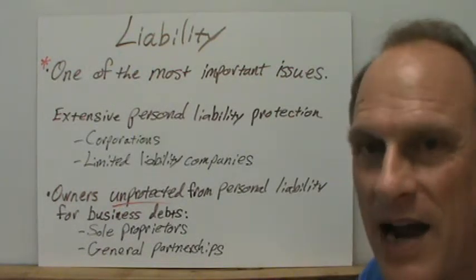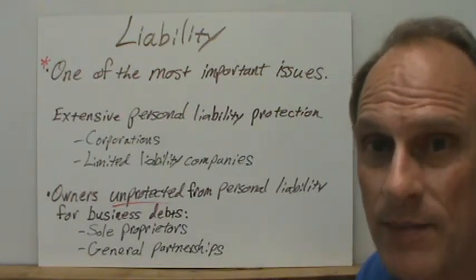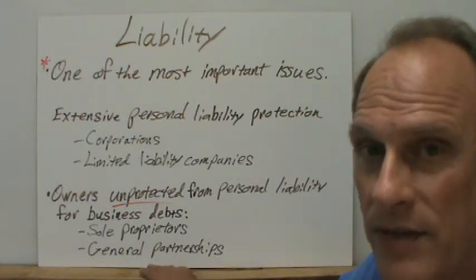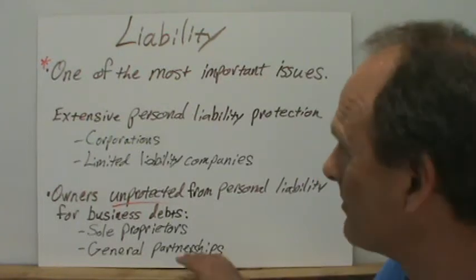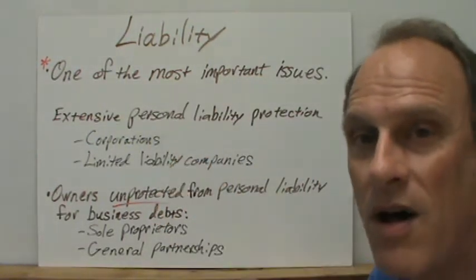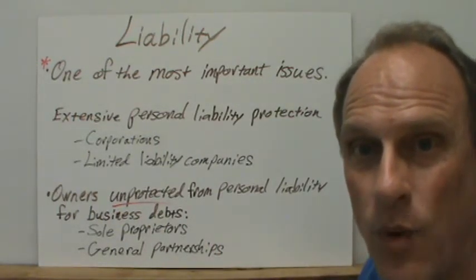Even though I didn't hire them, even though I may not be supervising them directly, I'm a general partner, I'm going to be liable. So general partners are liable for all the debts and obligations of the business entity. So liability, one of the most important issues of all of these that we've talked about in considering how am I going to form my business.